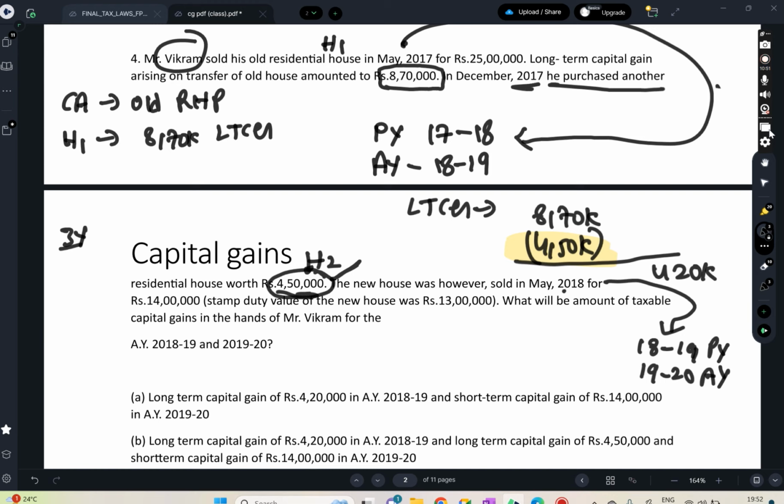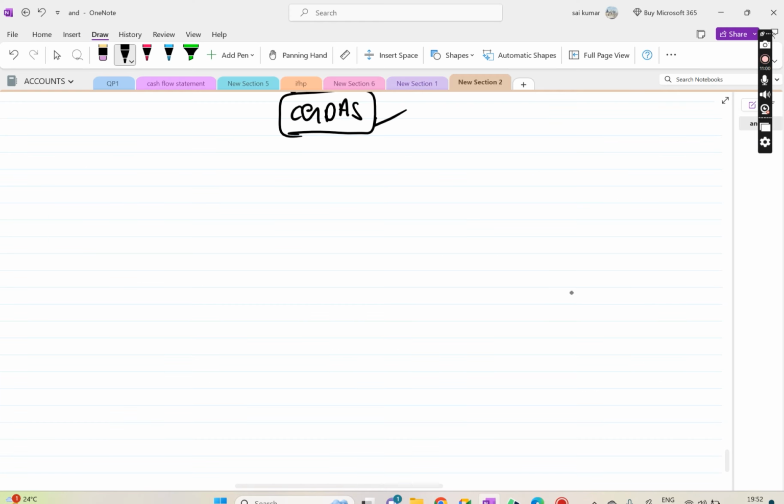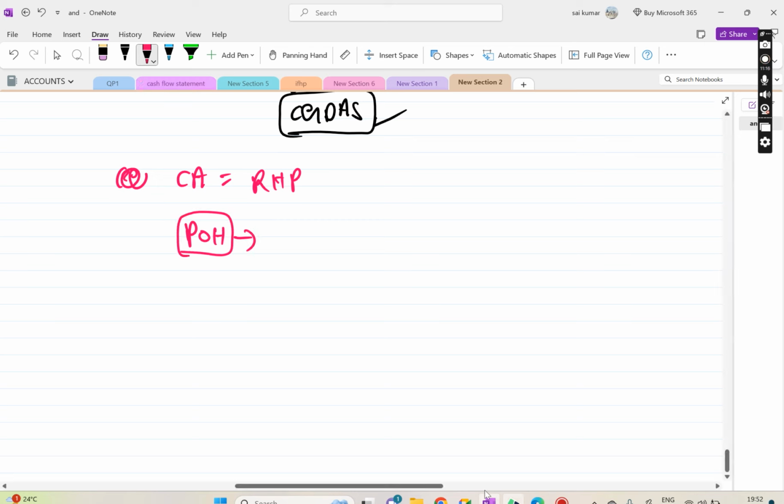The exemption I claimed earlier is 4,50,000. This is how it will look: previous year 2018-19, assessment year 19-20. First, the capital asset is a residential house property, and I am selling it. I need to check the period of holding first, to see whether it is long term or short term.